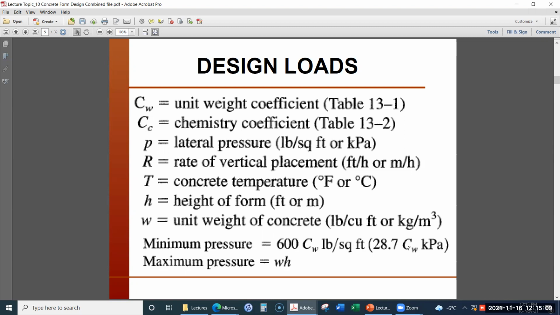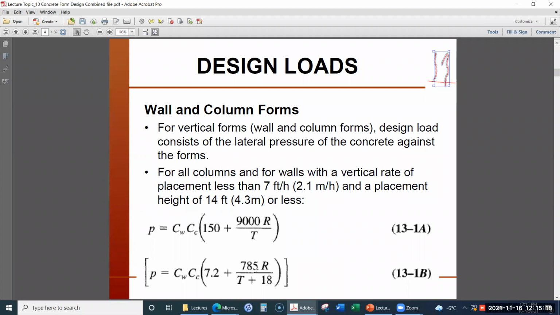Remember that some of these coefficients, for example 600 over here and 785 over T plus 18, have been empirically determined. These are the equations given by the code, so we have to consult those codes for the given equations to use them in the design.